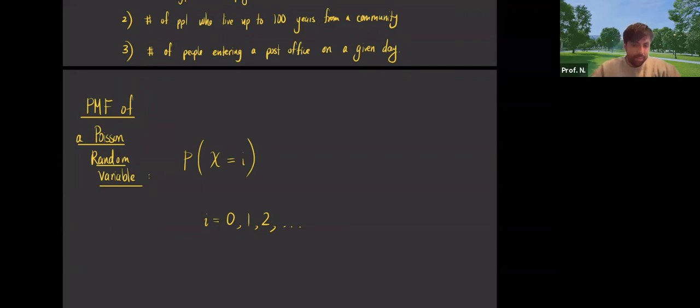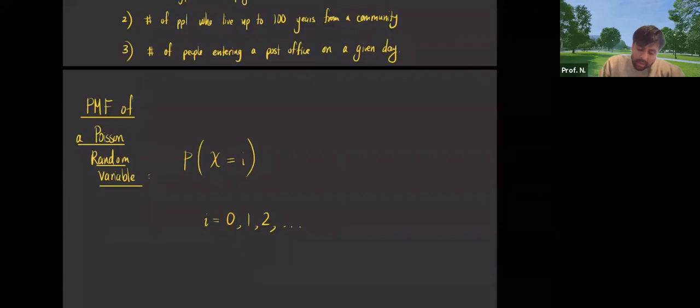The only difference is the geometric random variable doesn't start at 0, it starts at 1. Because remember, the geometric random variable tells you the number of trials it takes for your first success. So you can't have your first success in zero trials. That doesn't make sense. So that's why in the geometric random variable you start with 1, because you can have your first success on the first try, the second try, and so on. But for Poisson we start at 0, and then we go to infinity.